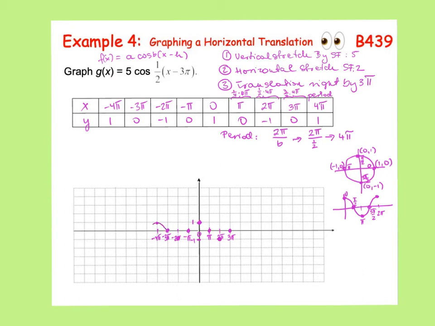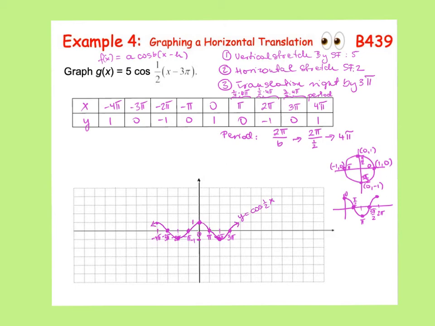So I'm going to connect these with a nice curve, and I'm going to label this graph y equals cosine 1/2 of x.